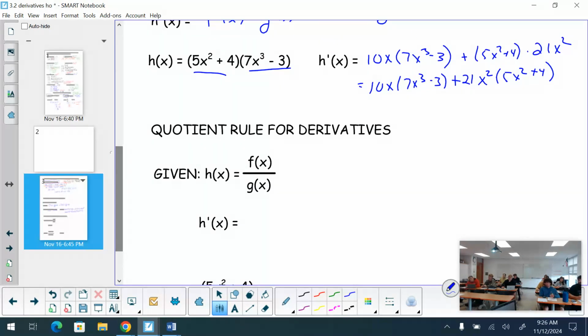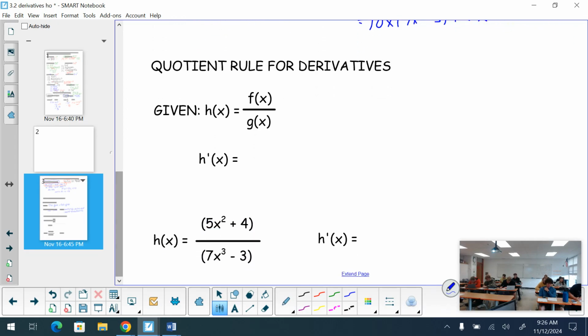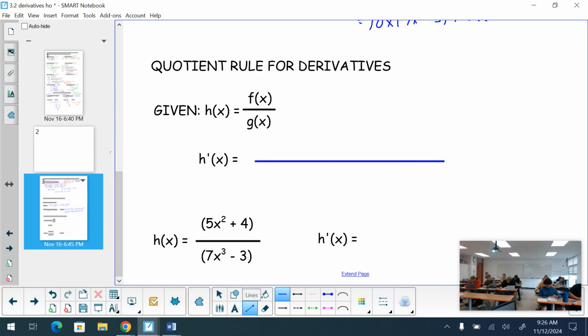We also have the quotient rule, two things being divided by. One function divided by a second function. We could take the derivative of, using our quotient rule, as very similar to what we did with the product rule. The derivative of the top, f prime at x, the derivative of the top, times the bottom.